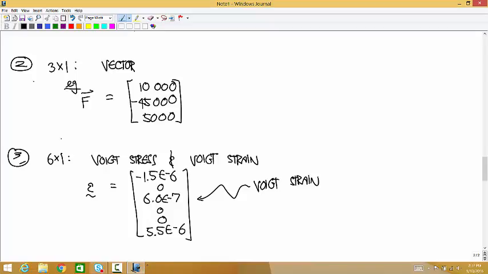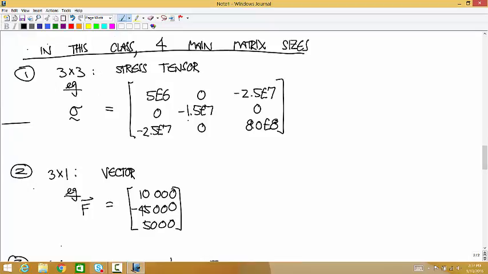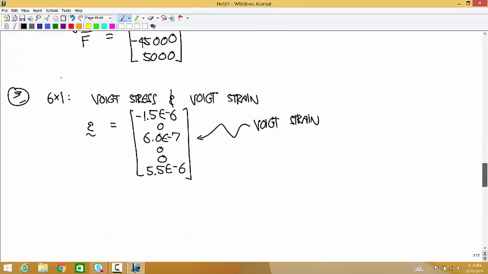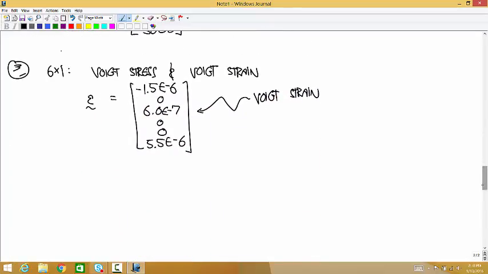I haven't talked about what strain is yet, but you're going to see values much smaller than 1. When you talk about stress values, you're going to be talking about big values. Our methods would work fine for stress values of 10 and whatever, but we wouldn't even bother to calculate them if they weren't times 10 to the some big number. They wouldn't have any effect on the material that we're talking about.